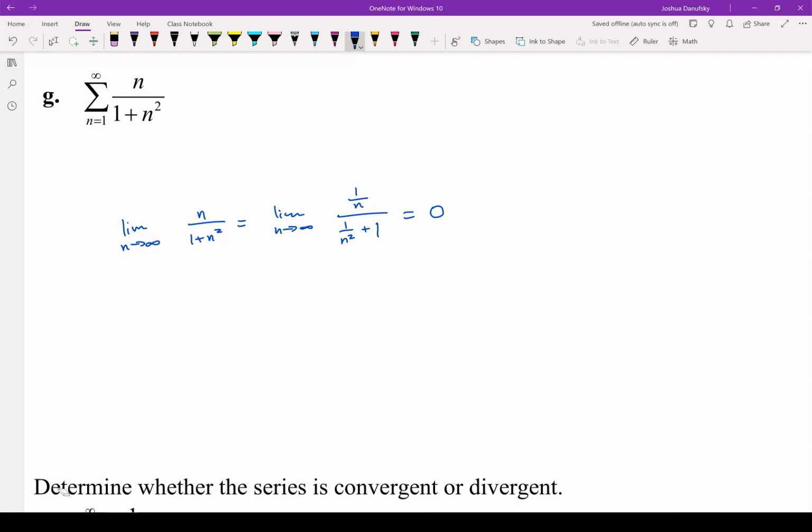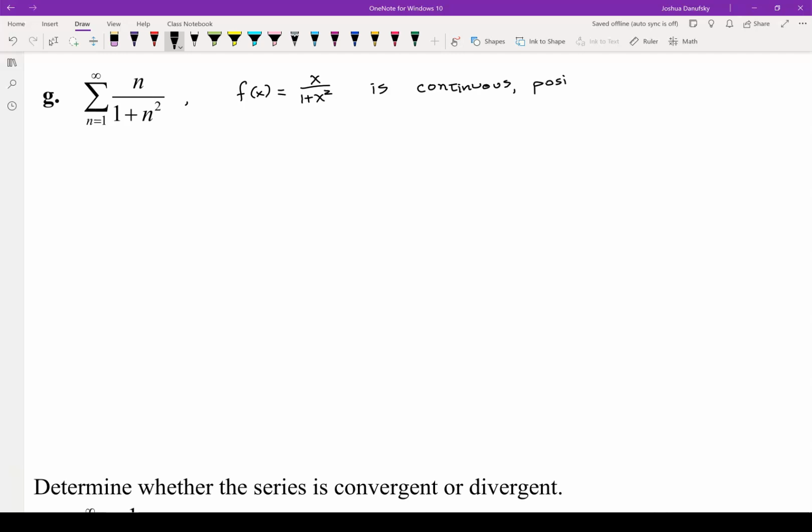We have to try something else. We'll consider the function x over 1 plus x squared. We notice it is continuous, positive, on 1 to infinity. Let's take a look at the derivative and determine whether it's decreasing.